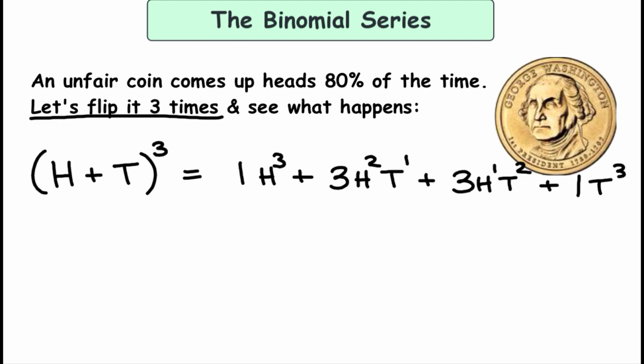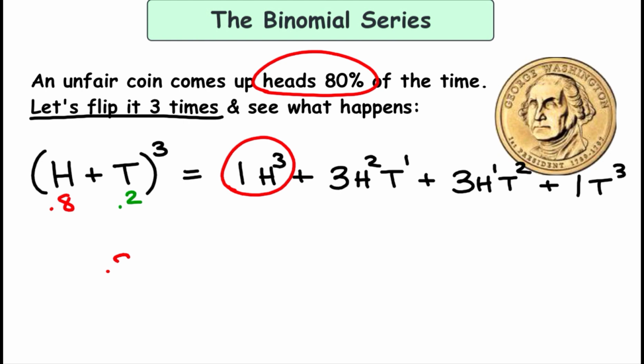Expand it out. But now we can put the probabilities in. It says that the heads come up 80% of the time. So that's 0.8 for heads. And that would make sense that the tails should be the rest of it. So the chance of this coin coming up tails would be 20%. Let's go ahead and fill in what we know. So heads is 0.8.